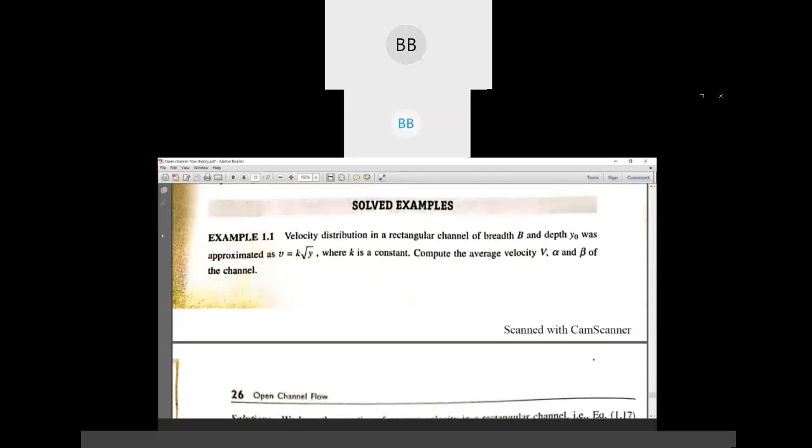So this is the first example, and we are going to solve this example. Are you ready with your pen and paper?